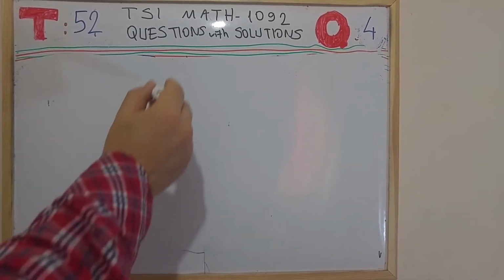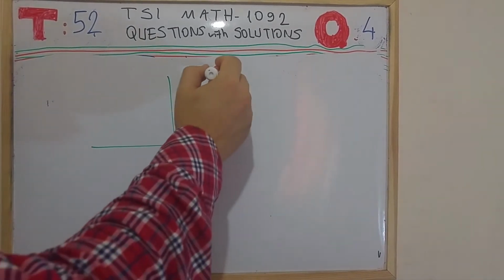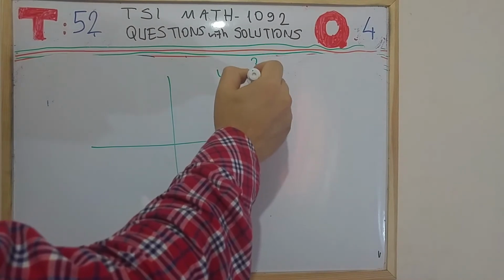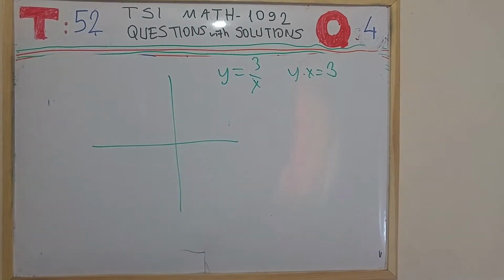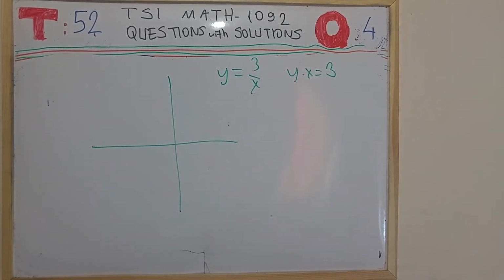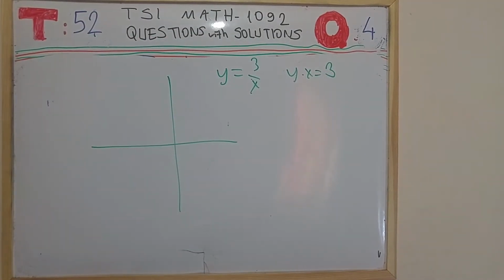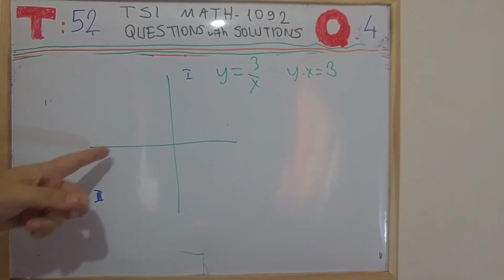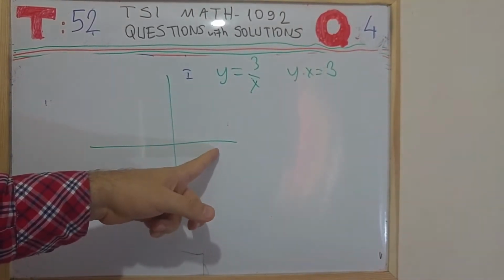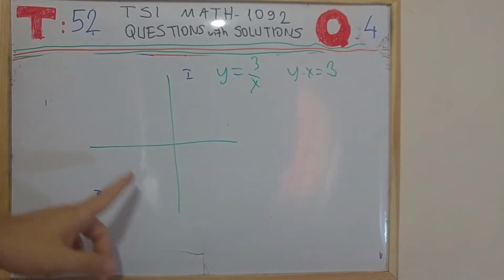We're supposed to draw an inverse proportion graph. So this graph should be like y is equal to 3 over x, or y times x must be equal to 3. Since y times x is equal to 3, I have to use two regions, which are 1 and 3, because multiplication of positive numbers with positive numbers results in positive, as well as negative numbers with negative numbers.